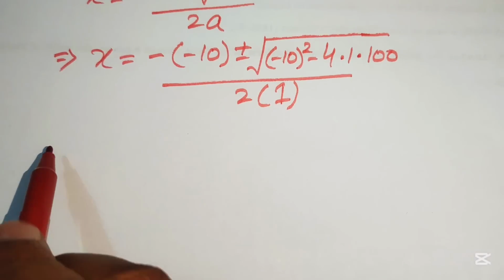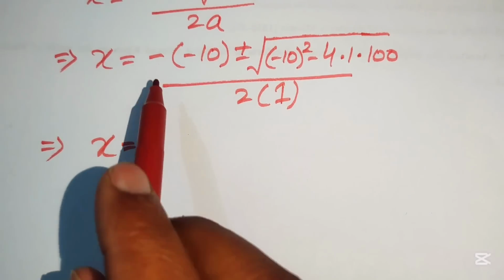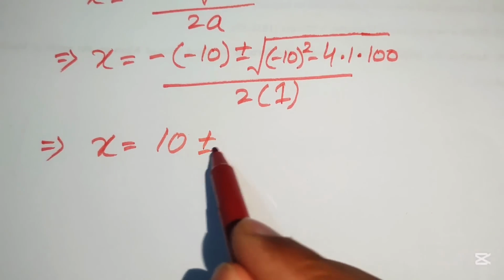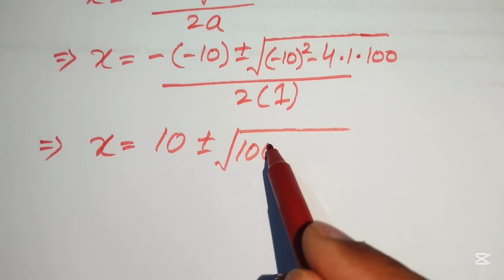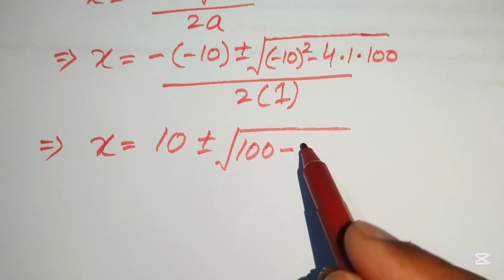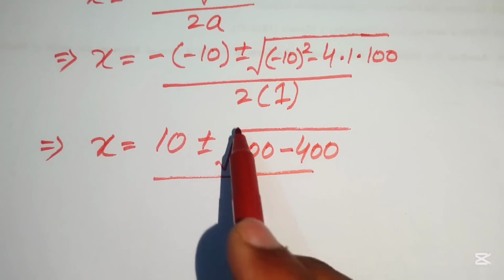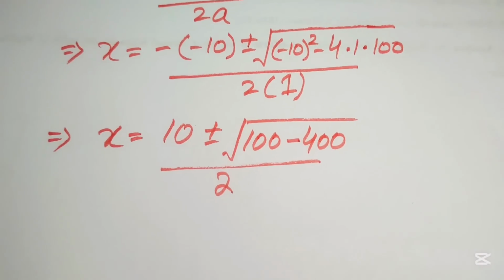Here we need to simplify the terms, and we have x equals, minus times minus becomes plus 10, and plus minus square root of minus 10 square equals 100, and 4 times 100 becomes 400, divided by 2 times 1 which equals 2.